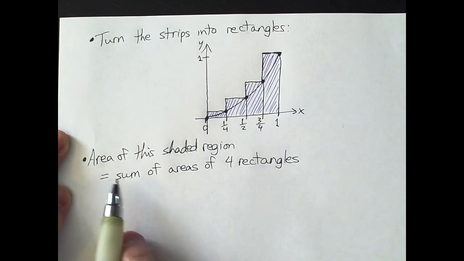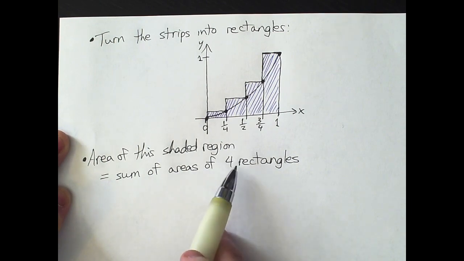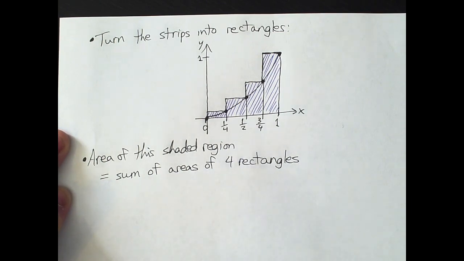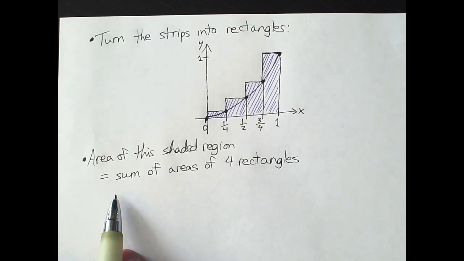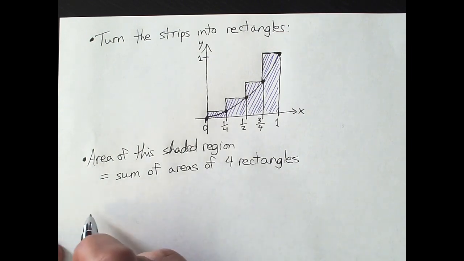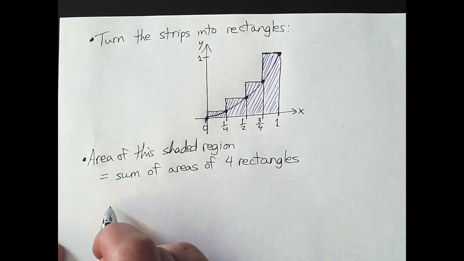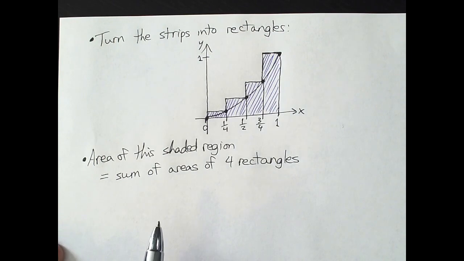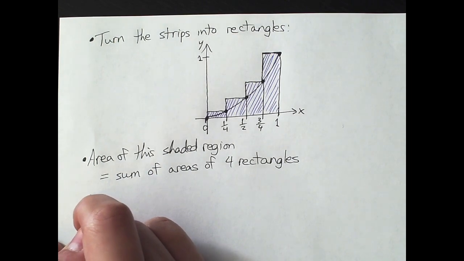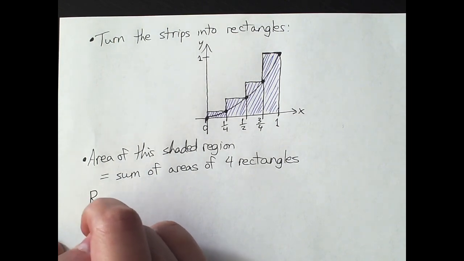So here is a sum. It's a finite sum because there's just a sum of 4 things, and 4 is a finite number. And we're going to use it to estimate area. So that's why it's estimating with sums. So we have a name for this area. I'm not going to call it A because it's not exactly A. I'm going to call it R4.